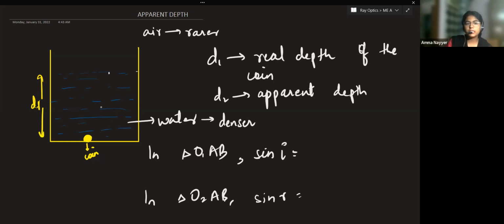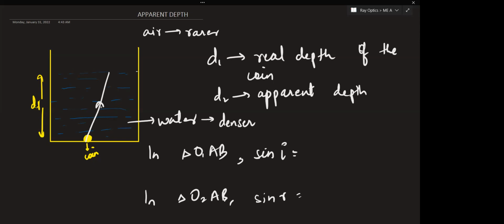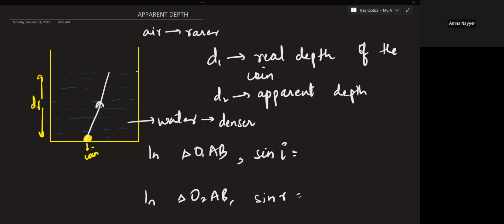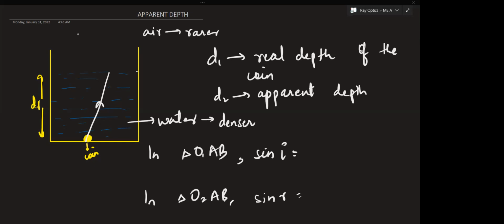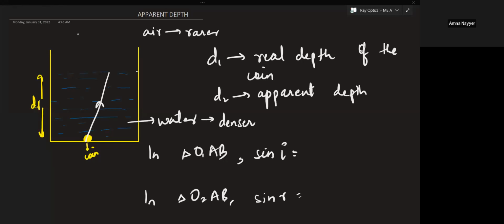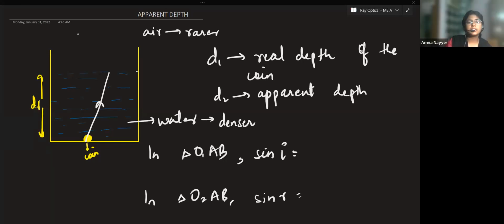So now the rays will be incident at this surface. Now see, at this surface, the normal will be drawn. And since it is moving from the denser to the rarer medium, it will move away from the normal.